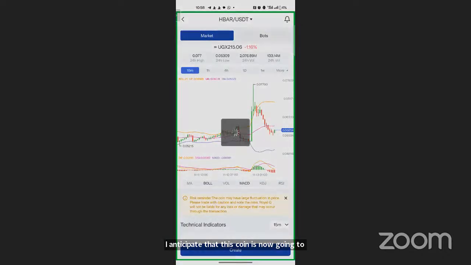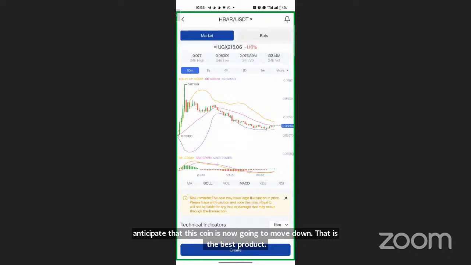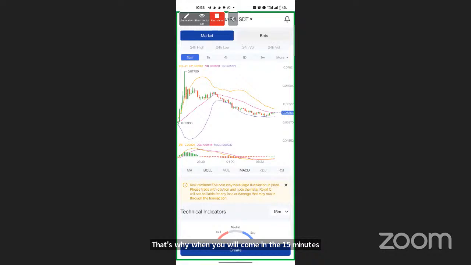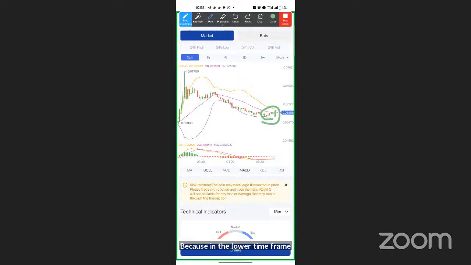That's why when you come in the 15 minutes, do you know that already someone has made a 1.5 from here? Just moving from here to here, they are done. Because in the 1 hour, it is thinking about it. But do you see that in the lower time frame, the golden cross happened already?